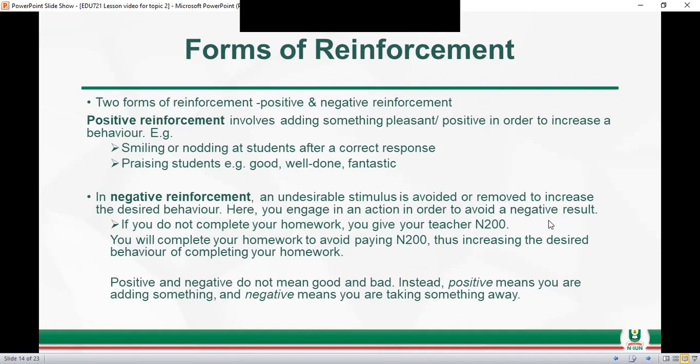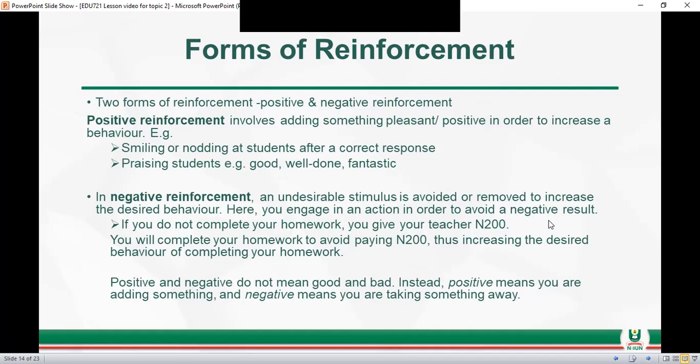And I want you to know that the use of the word positive or negative in this sense do not mean good or bad. Instead, positive means you are adding something, and negative means you are taking away something.